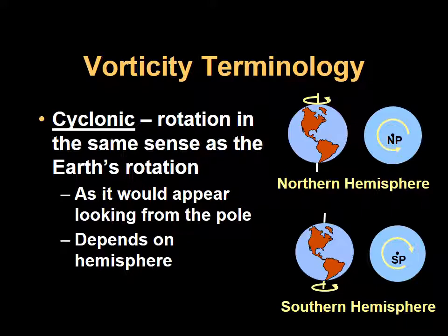If you're looking at the South Pole, going to the bottom of the Earth, you'll see that it appears as if it's rotating in the opposite direction, and that would be clockwise. So in the northern hemisphere, counterclockwise circulation is cyclonic. In the southern hemisphere, clockwise rotation is cyclonic.